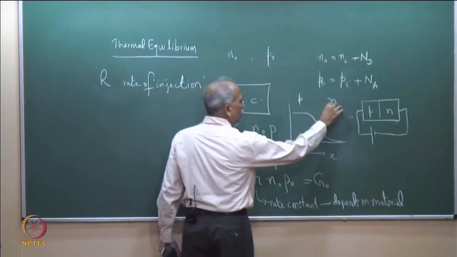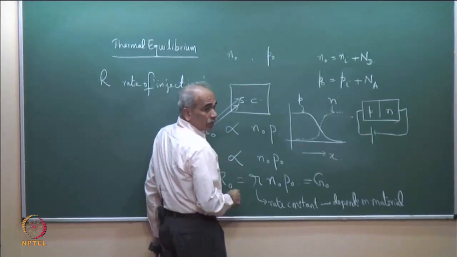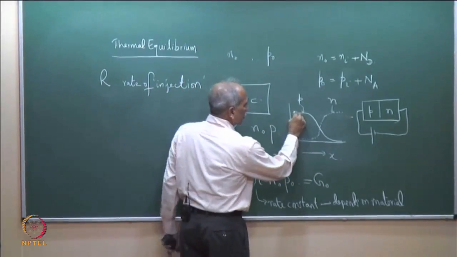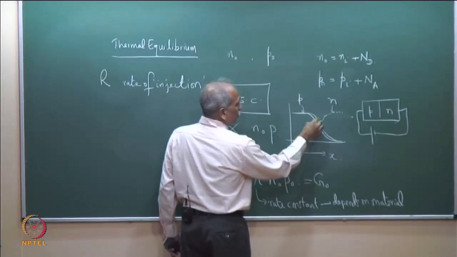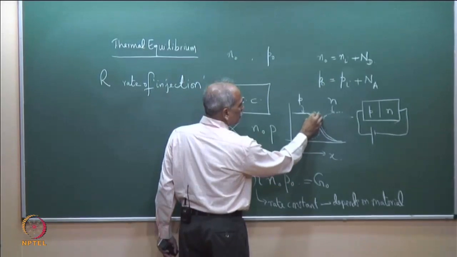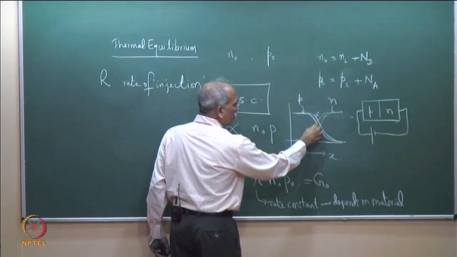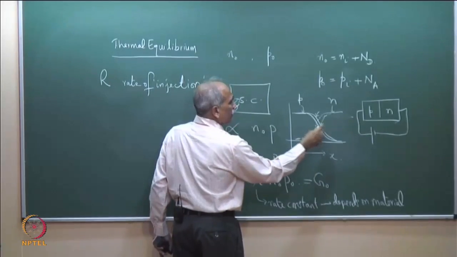So, this is n and this is p, carrier concentration. If you forward bias the diode, then there will be more carriers injected into the junction region here. So, this is with forward bias, and similarly there will be more electrons injected into the junction region.